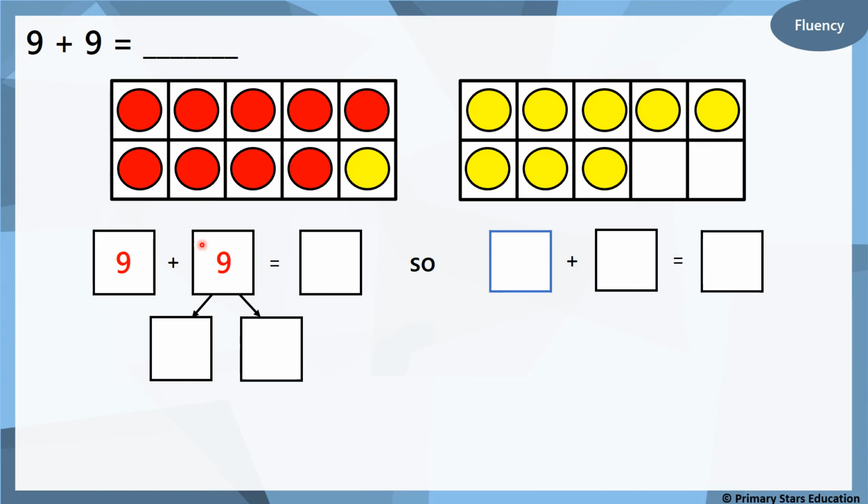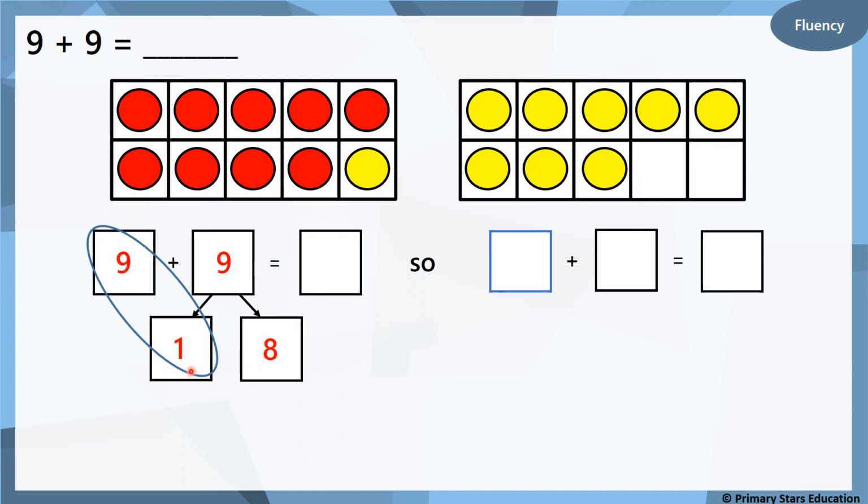Okay, I want to see how I've filled up the tens frame, so I'm going to use my number bonds. 9 add what equals 10? 9 add 1 equals 10. Good job. So I've partitioned my 9 with 1 onto one side of my tens frame. And how many do I have on my other tens frame? 1, 2, 3, 4, 5, 6, 7, 8.